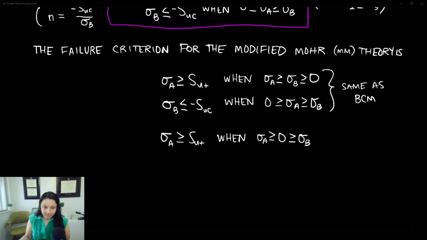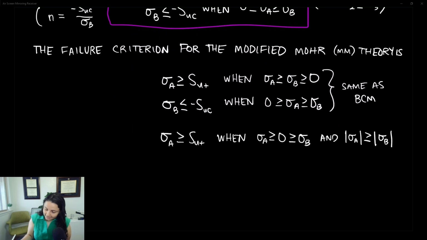So when sigma A is positive and sigma B is negative, and both of these criteria have to be true, and the magnitude of sigma A is greater than the magnitude of sigma B. Okay, so those are absolute value signs. So the magnitude of sigma A has to be greater than the magnitude of sigma B.